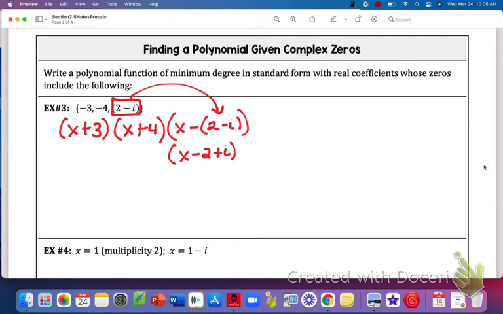Everybody follow that? But now I need to do the conjugate of this, because remember, for our imaginaries, we always have a conjugate of it. So the conjugate of 2 minus i would be negative 2 minus i, which would turn this into an x plus my 2 minus i, which would go to x plus 2 minus i.